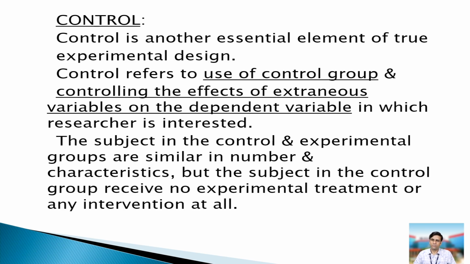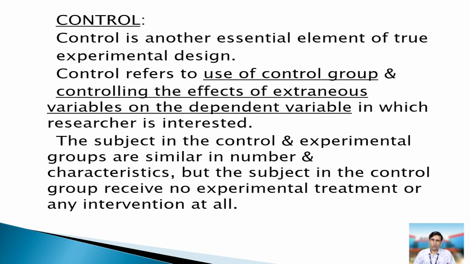The subjects in the control and experimental groups are usually the same in number and characteristics. But the subjects in the control group receive no intervention, whereas the special intervention or the independent variable will be used for the experimental group of the research study, just to see the changes in the effect of the treatment.